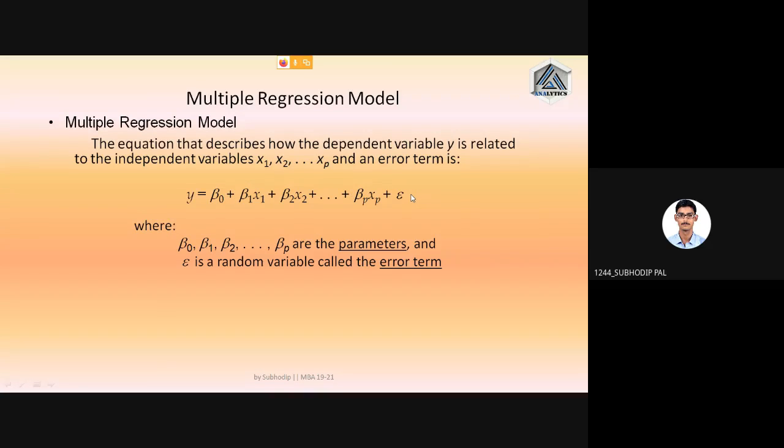We have the past data and we are interpreting something, right? Regression is one type of prediction or forecasting method. So if you forecast or predict, there will always be some chance of error. The epsilon term is the representation of error. So beta 1, beta 2, all these beta terms are the parameters and epsilon is the random variable called the error term.